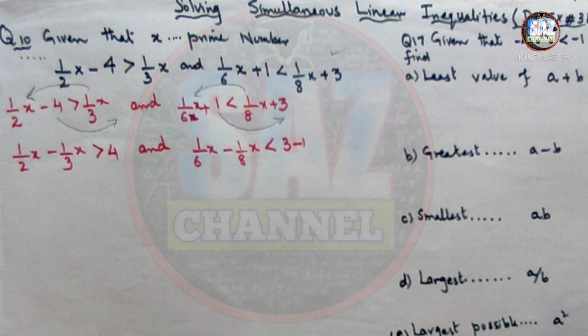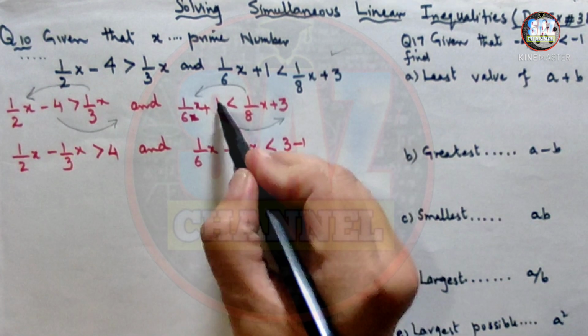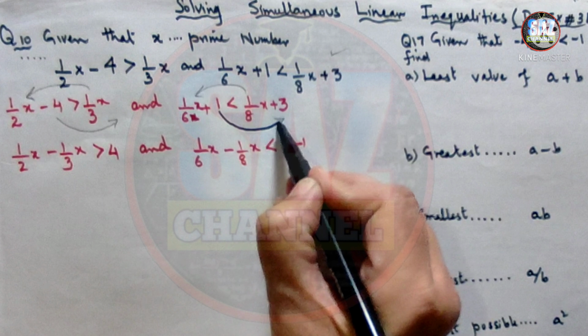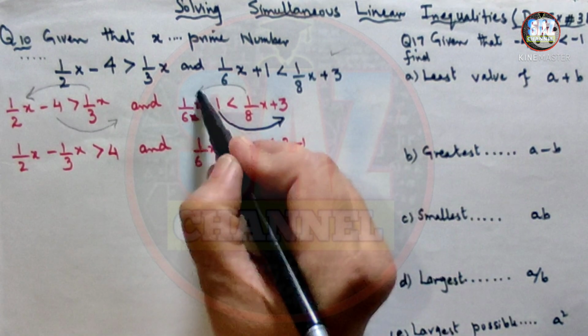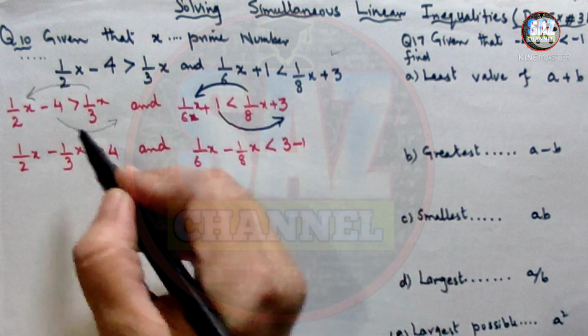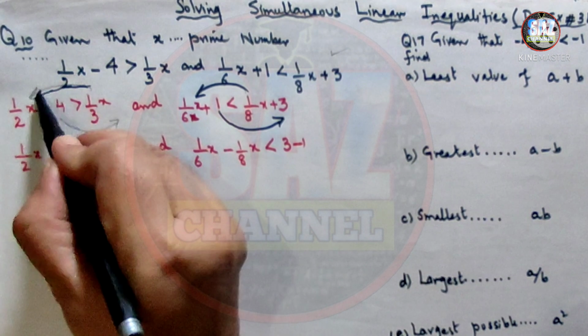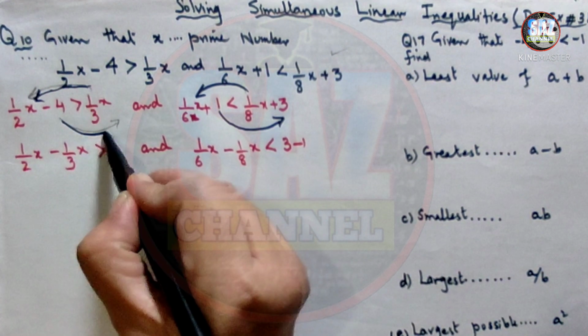We are shifting this 1 to the other side, so it will be negative. Same here, we are shifting variable terms to the left and the constants to the right hand side.